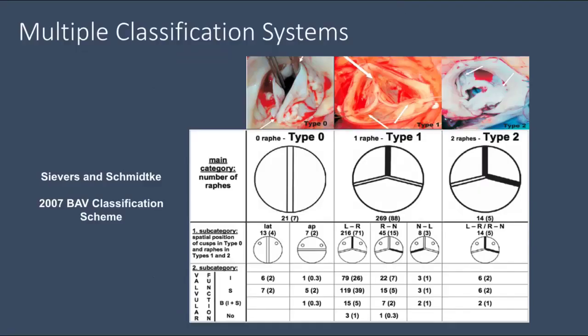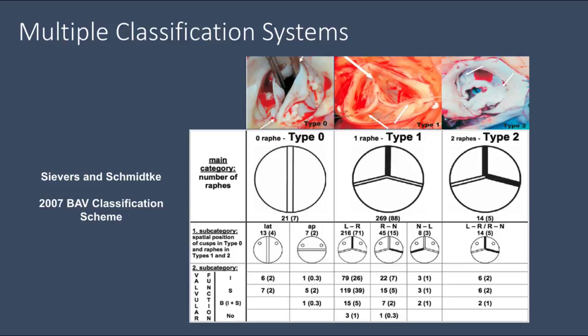The most widely cited classification system is the one published by Sievers and Schmidtke in 2007. They based their classification basically on the raphe, or the ridge that forms between the two leaflets that are fused.